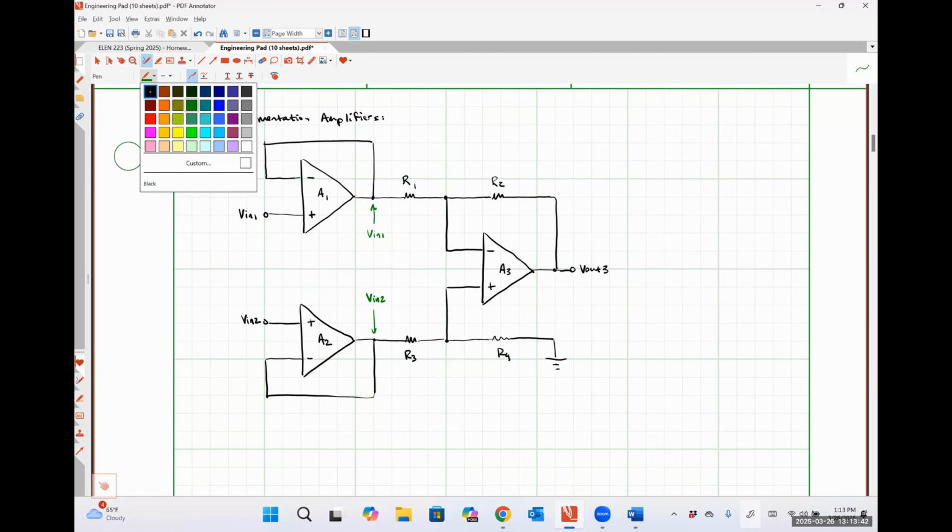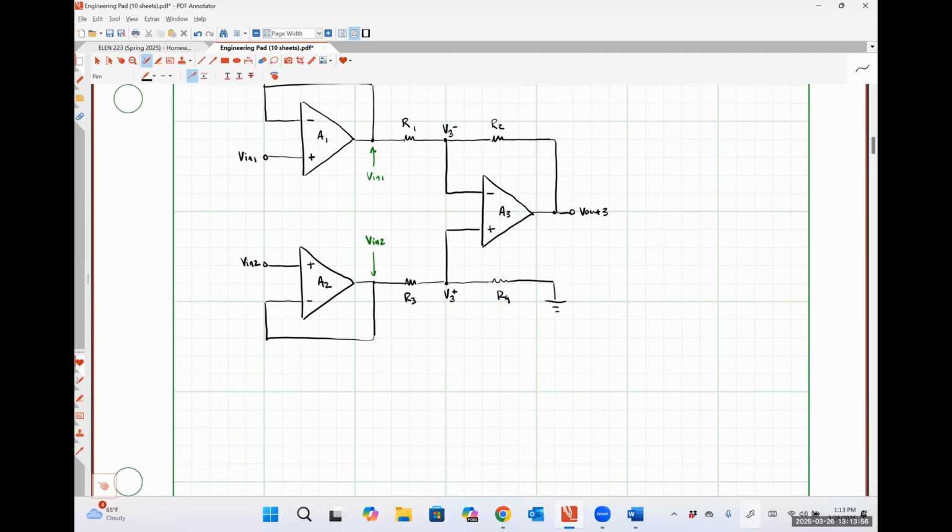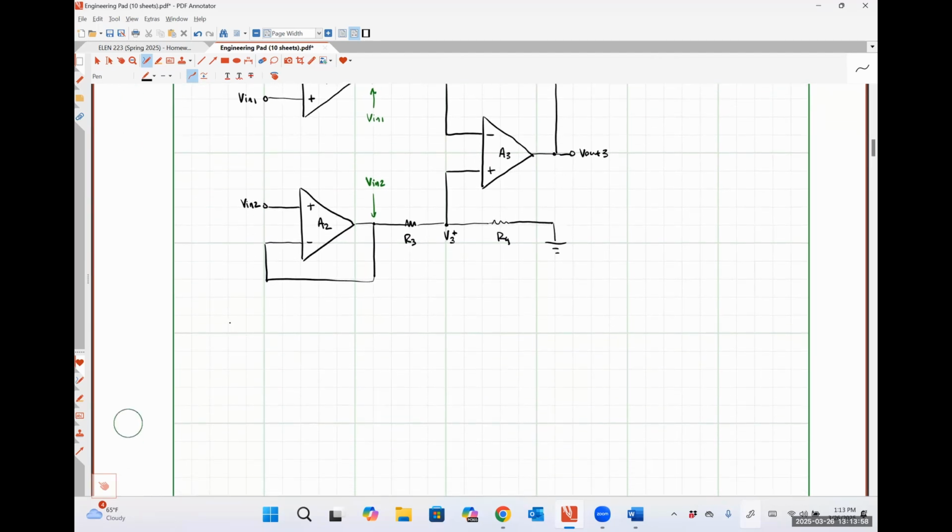Now, I'm going to call this voltage right here V3 minus. I'm going to call the voltage at this node right here V3 plus, okay? So I'm going to perform KCL at that node V3 plus, and we're going to see what shakes out of that, okay?